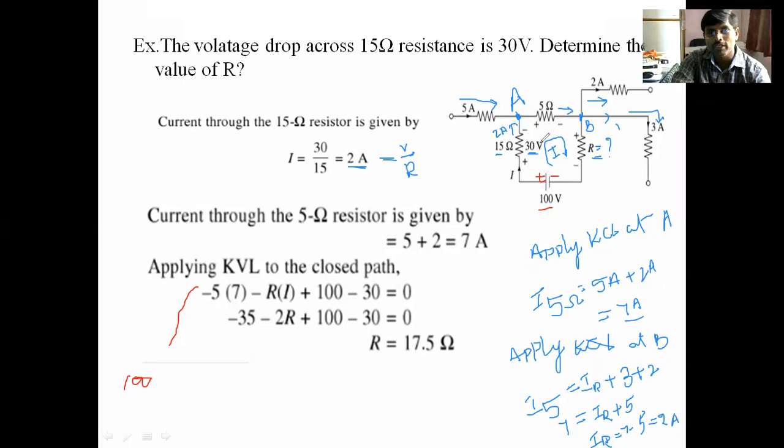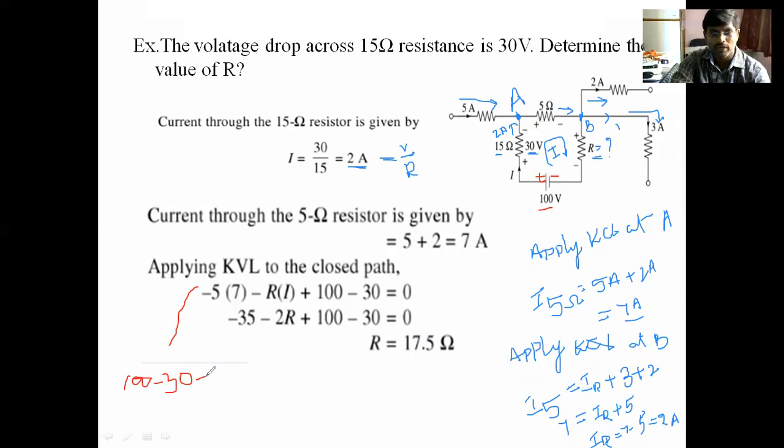And here we know already 30 volts is there. You need not take VR1, 30 volts. But here current is entering with positive, so therefore minus 30. Again here current is entering with plus, so again you will get minus.